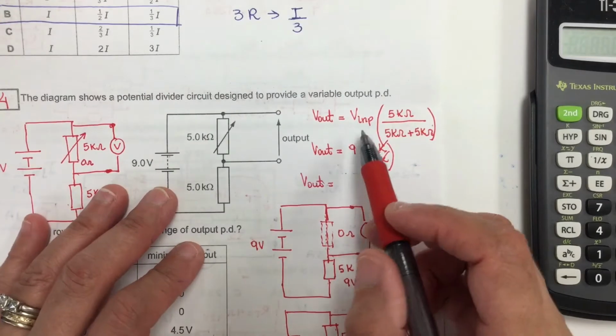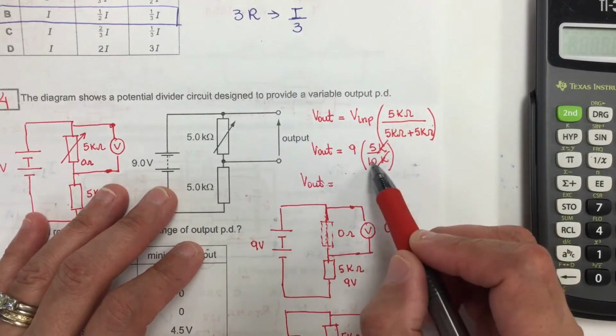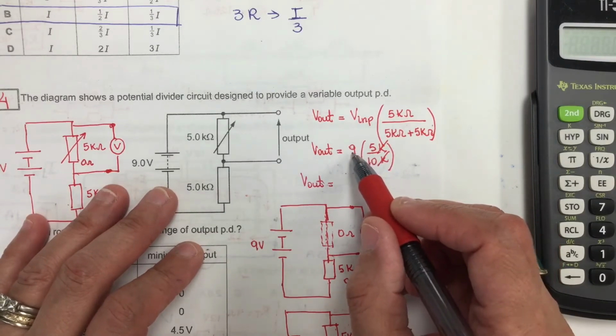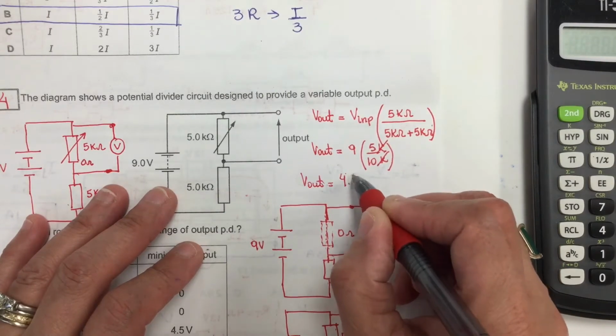Okay, after substitution, 5 divided by 10 is 0.5, times 9 is 4.5 volts.